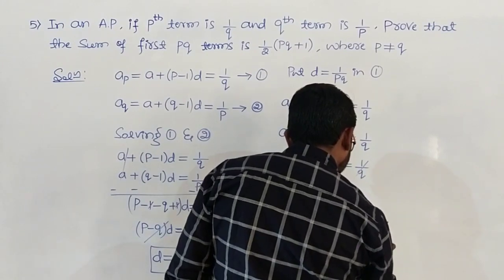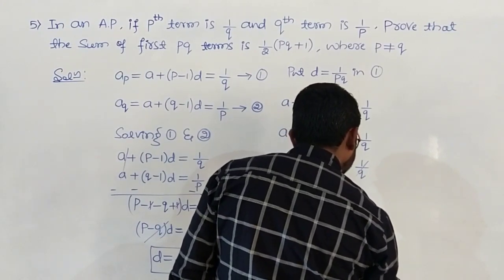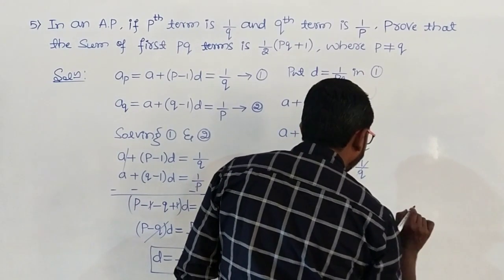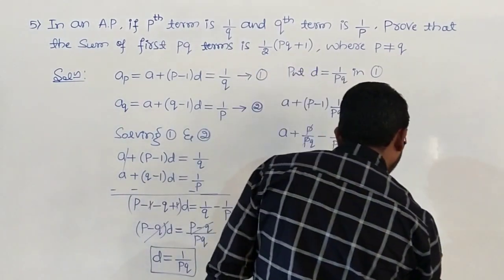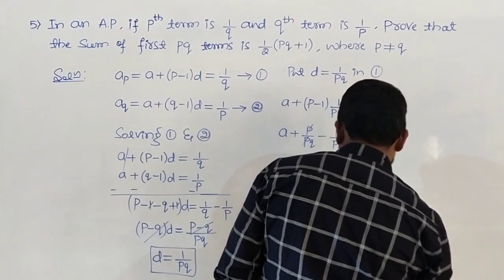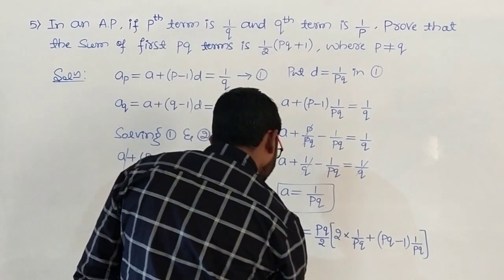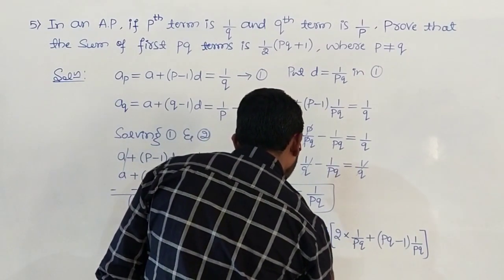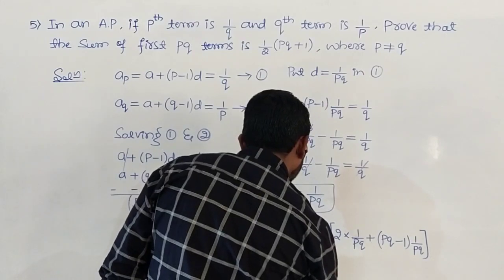Then 2a plus n minus 1 into D. n is PQ, n minus 1 into D. D is again 1 by PQ. So now in the next step, SPQ which is equals to PQ divided by 2.